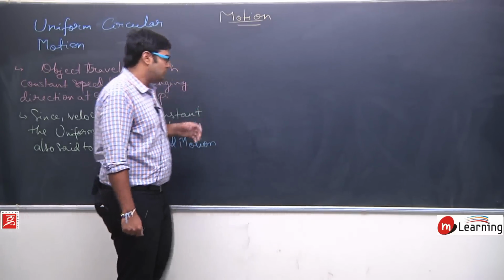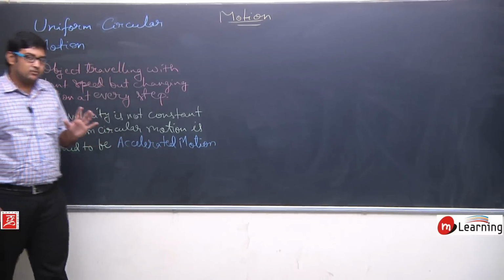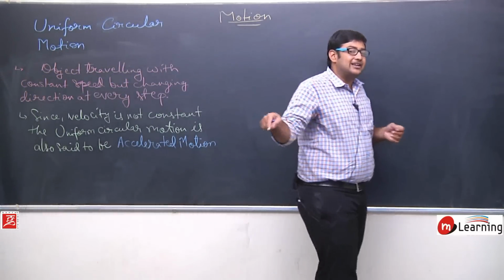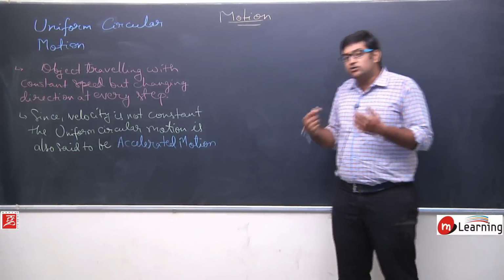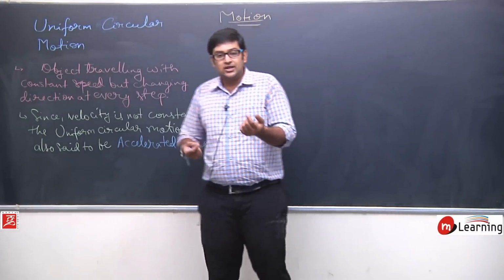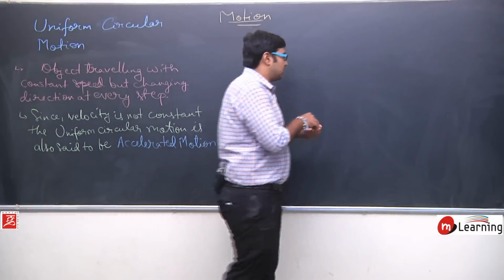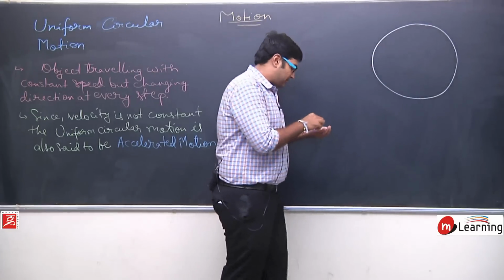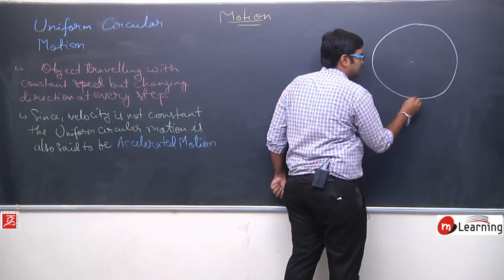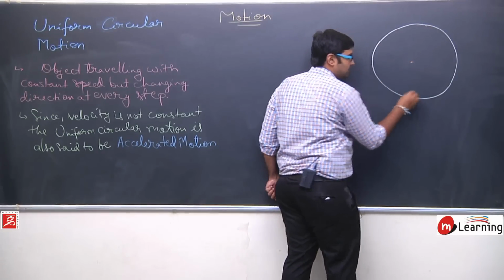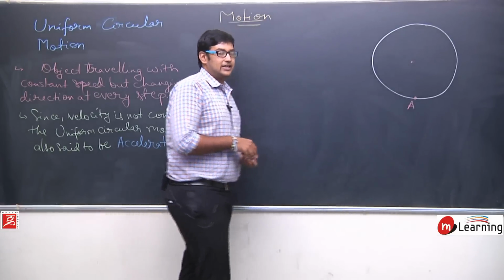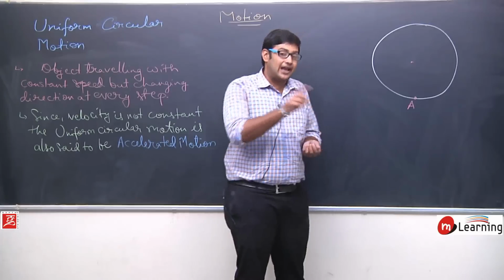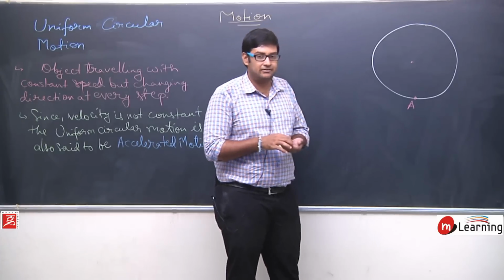Now as we said that it's accelerated motion, you may wonder why the object is continuously traveling along a circular path. How is the object traveling along a circular path? When we draw a circular path like this, and let's say a body starts traveling from this point A, in the previous example we drew the diagram of how the direction of velocity will look.